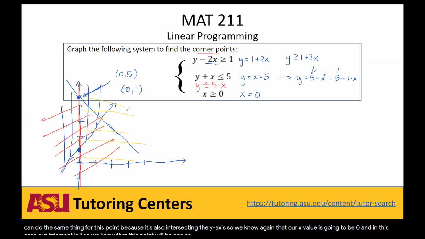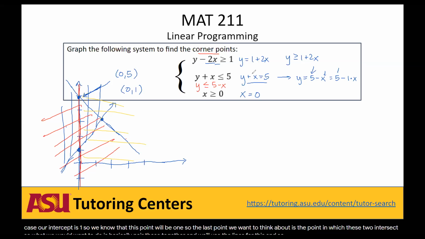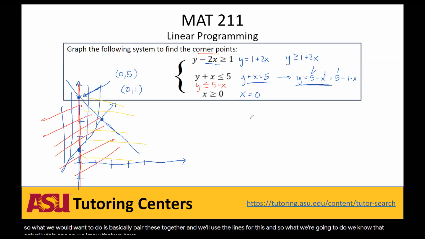So the last point we want to think about is the point in which these two intersect. So what we would want to do is basically pair these together, and we'll use the lines for this. We know that for our second equation, we have y equals 5 minus x.